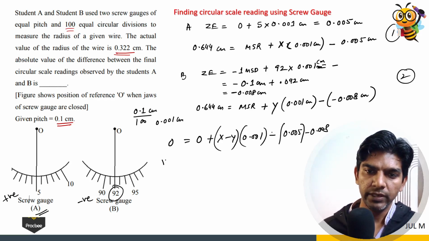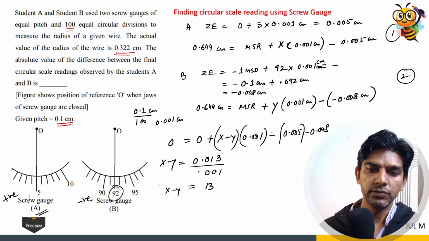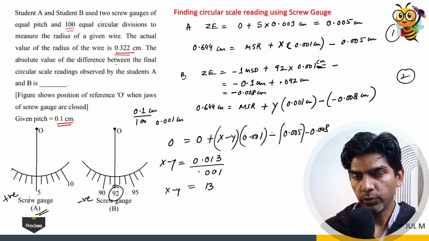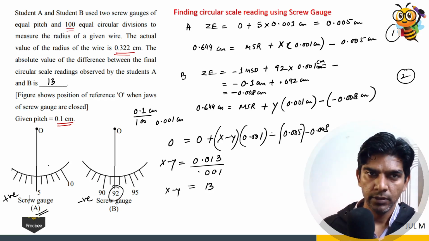So this comes out to be x minus y equals 0.013 divided by 0.001, which comes out to be 13. So x minus y comes out to be 13, and that is what we have to calculate. So 13 is the answer. I hope this question is clear.